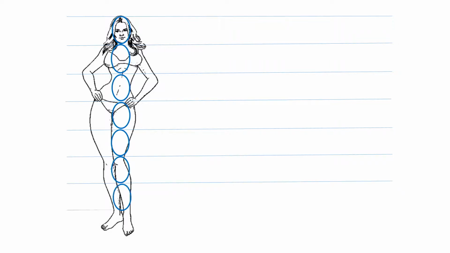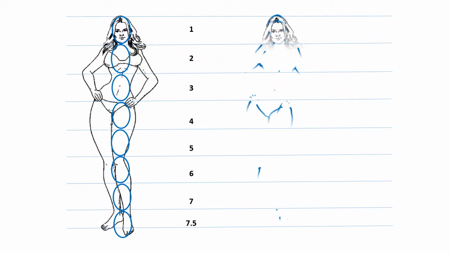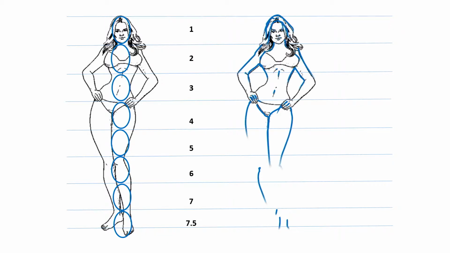As I mentioned to you earlier, the female has 7.5 head counts. So you can see here the 7.5 head counts, and then we can draw the outline of the female figure, and finally we will get our female figure in proportion.